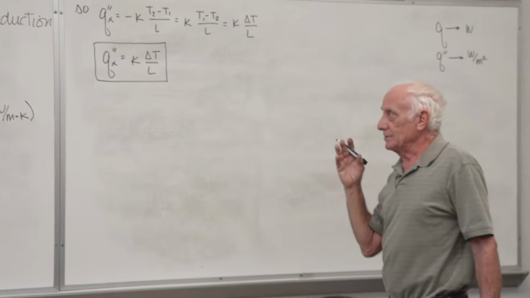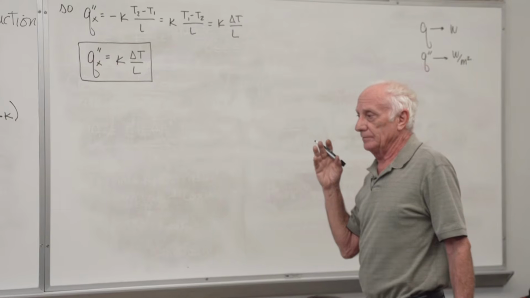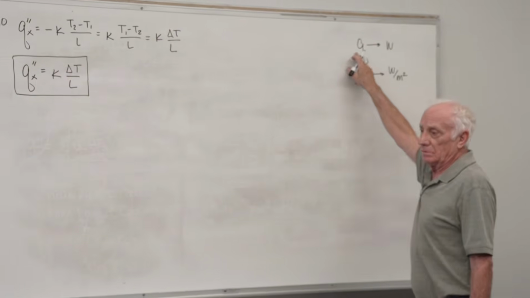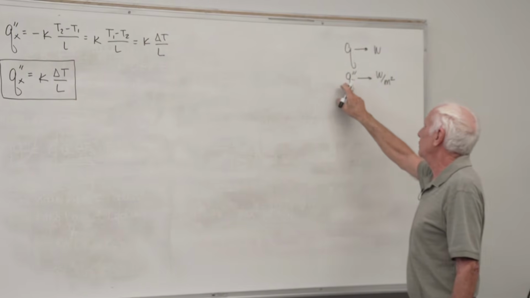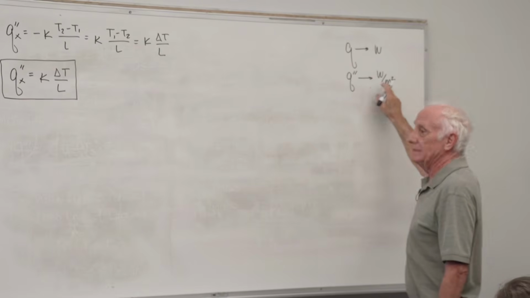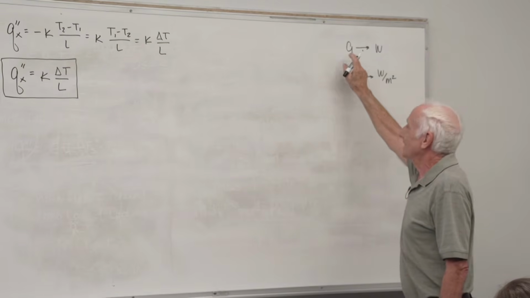Now, if you don't want the answer in double prime, let's say, no, I want Q in watts through the wall. Well, what do you do to q double prime to get Q? You multiply q double prime by the area.